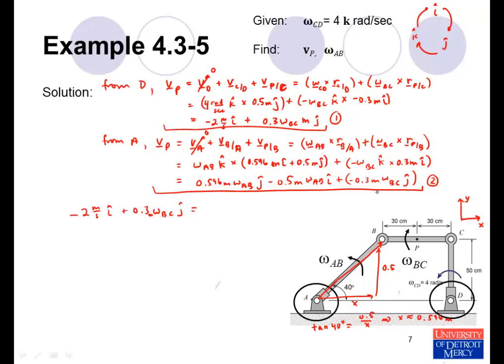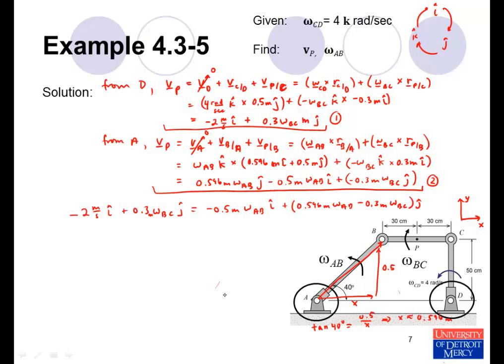And then equation 2 on the right-hand side. We have only one term in the i direction, negative 0.5 meters. We have two terms in the j direction which we can combine. 0.596 omega AB minus 0.3 omega BC.